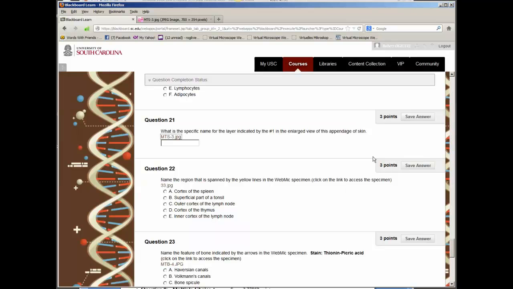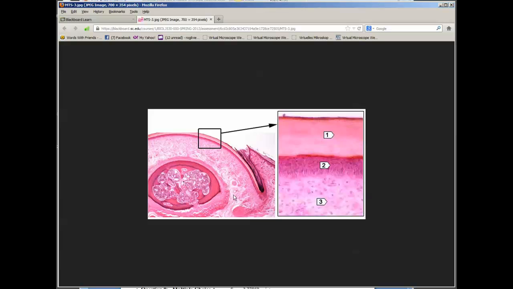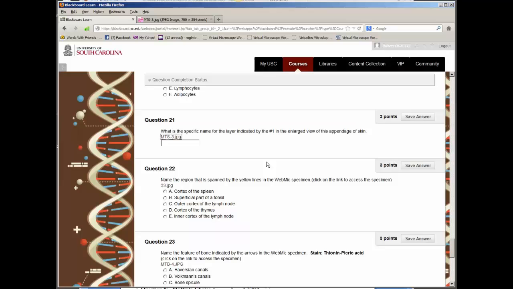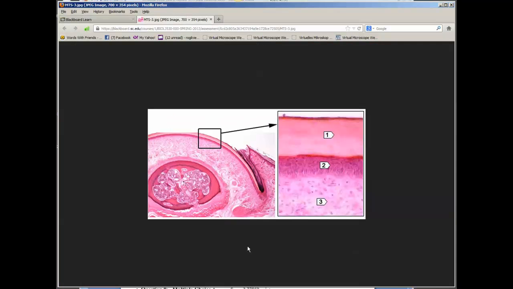For question 21, you're asked to name the layer indicated by the number 1 in the large view of this appendage of skin, and you've got to type that in. So let's take a look at that. Actually, in that question, you're just given an appendage of skin, so you have to recognize this pattern.